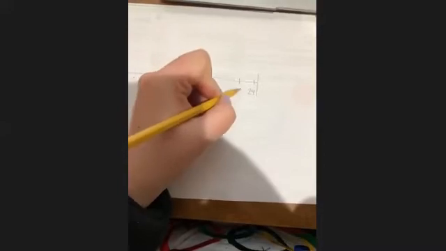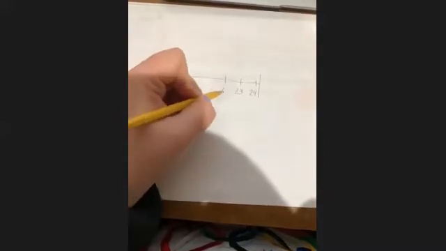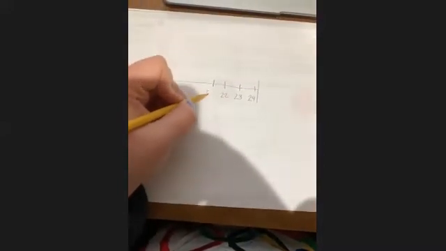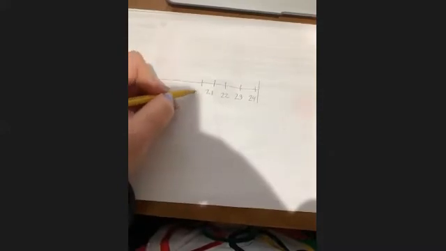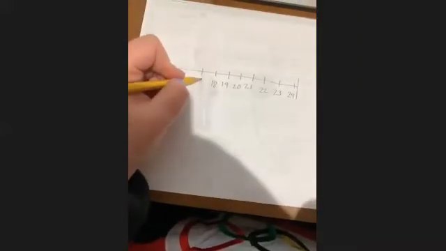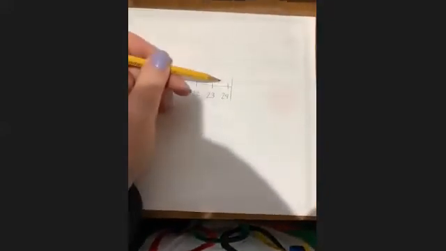And I can start here. And remember, an open number line, we make our own numbers and how big our number line is or how small. We adjust it to our problem.